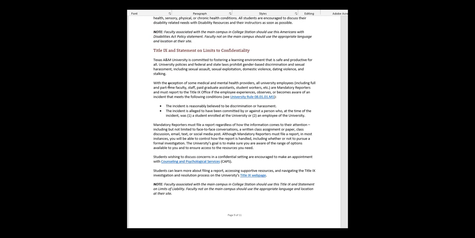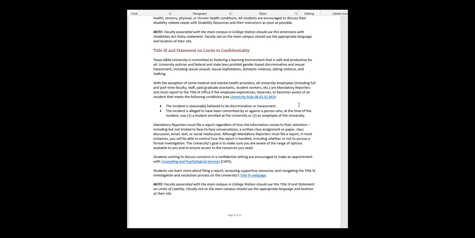Now, we are a Title IX school, and this means that if there are any issues during class, on campus, anything like that, where you feel unsafe, where you've seen something that is inappropriate, where something has happened to you, you can come and talk to me and I will report it. I can keep it confidential, like who reported it or who told me, but we will look into it and try to make this as safe a place as possible.